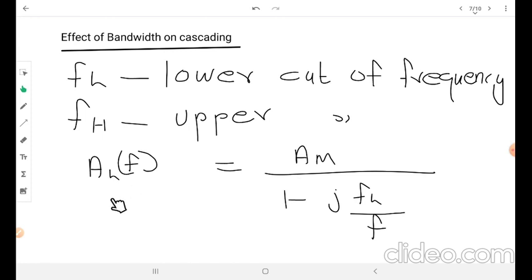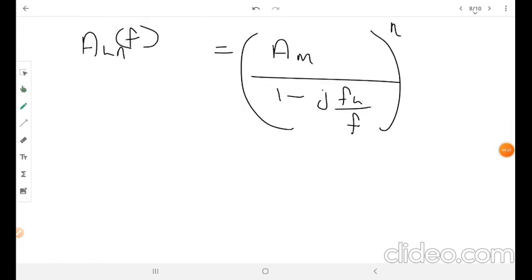Okay. Then for n stages, we already know that the gain will be the product of the individual stages. So the gain at lower frequency for n stages in terms of mid frequency we can write like this. Then what is its magnitude?